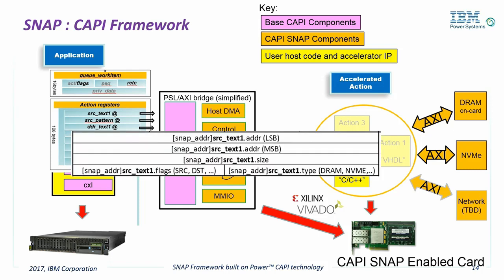Source and destination addresses have similar structures. They have an address pointer, a data block size, a flag to say whether this is source or destination data, and the location type of the data, either host memory, NVMe, on-card DRAM, a storage address, etc.